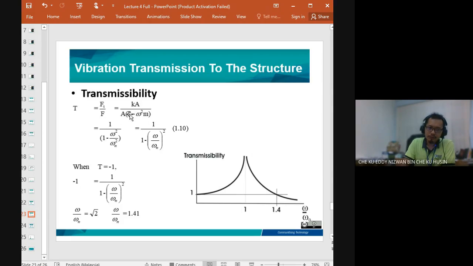Normally we control the mass, so you add another mass.